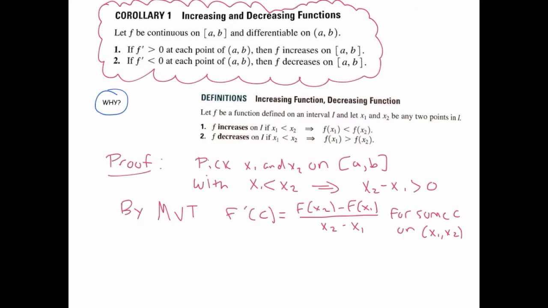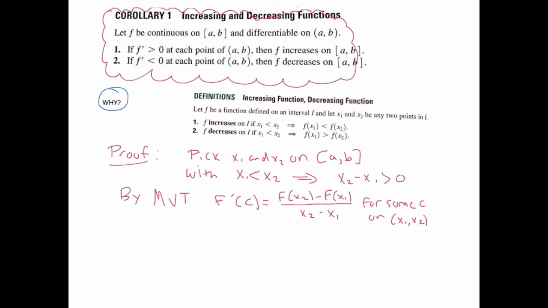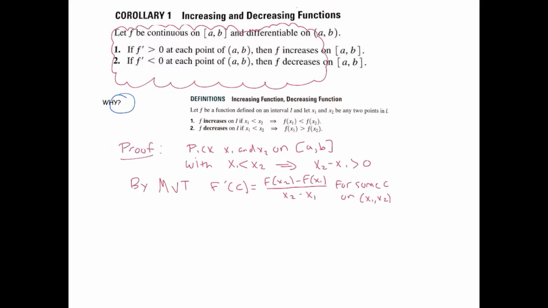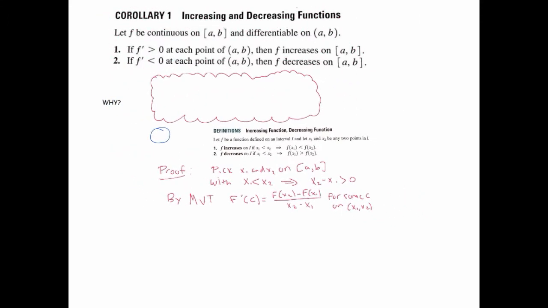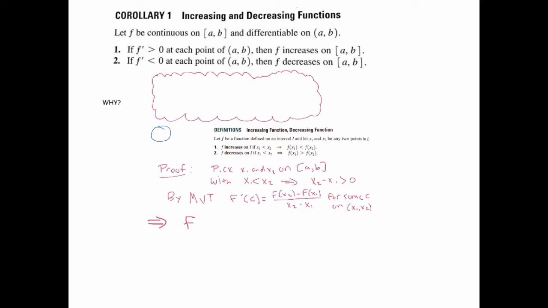So now what we're going to do is multiply both sides by x2 minus x1. I'm going to shrink this down a little bit. I guess that cloud is now circling nothing. So if I multiply both sides by x2 minus x1, then I get this relationship.